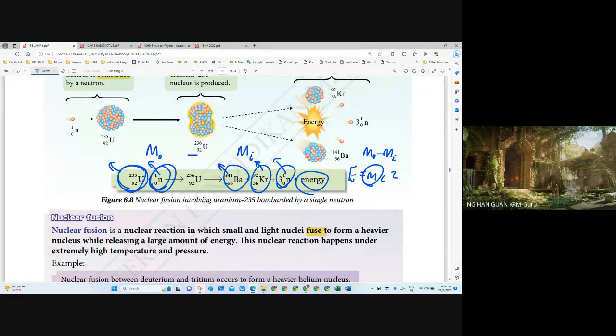No need to convert so much. Everything here, you total it based on AMU. Once you get the mass defect in AMU, then only you convert it into kilograms.